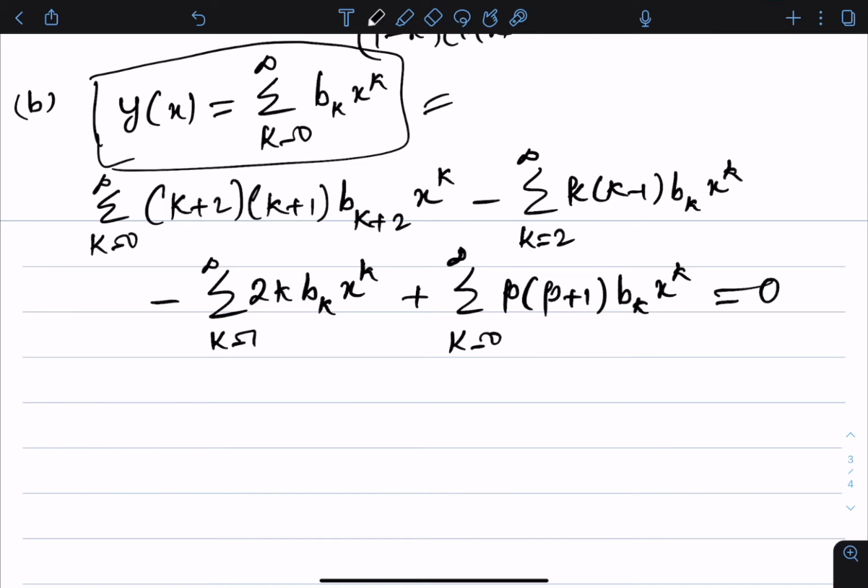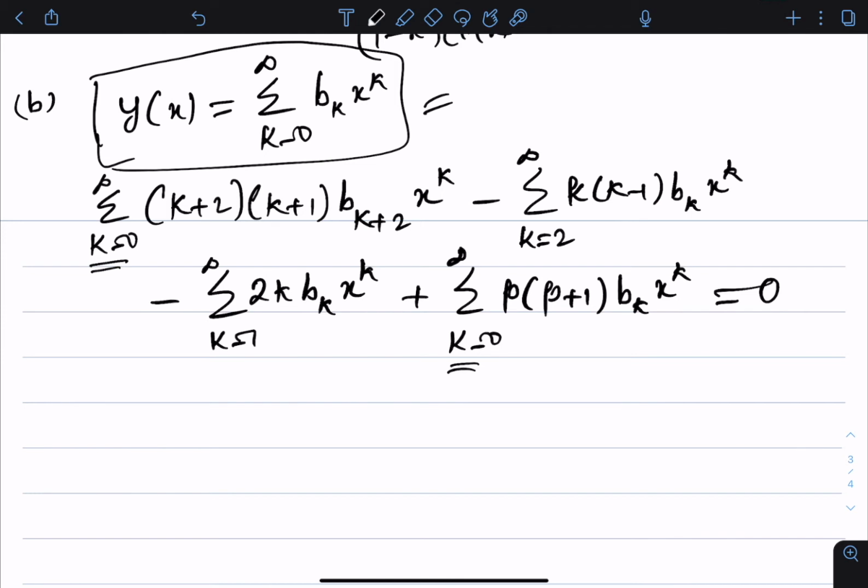So let's look at the k equal to 0 terms. There's a k equal to 2 here, k equal to 1 here, so look at all the k equal to 0 terms. There's a k equal to 0 here, and a k equal to 0 here. Get them out.